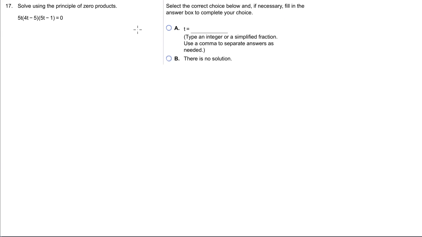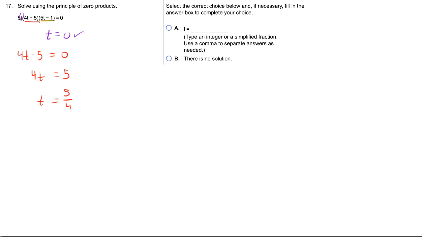Now we have to solve using the principle of zero products. I'm going to take t, set it equal to 0, so that's one solution. I'm going to take my next one right here, 4t minus 5, and set it equal to 0. That means that 4t has to be equal to 5, which means that t is 5 divided by 4.